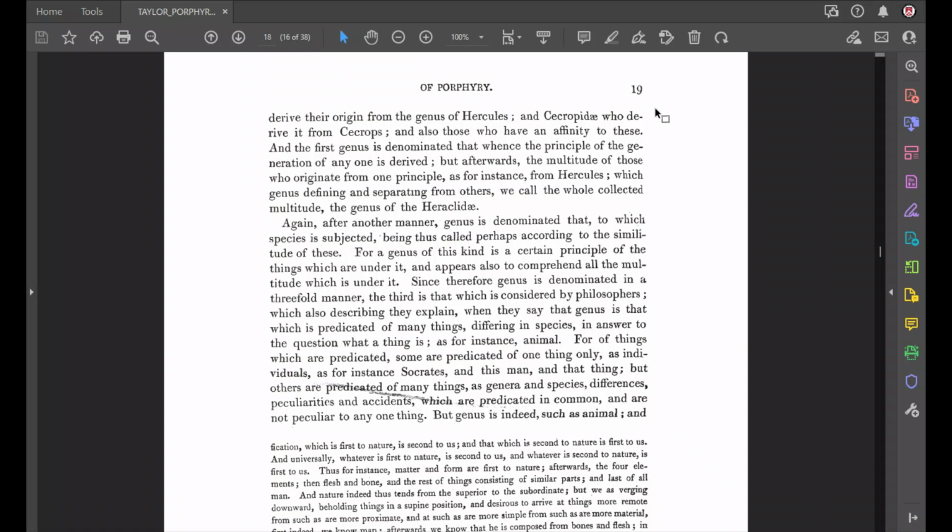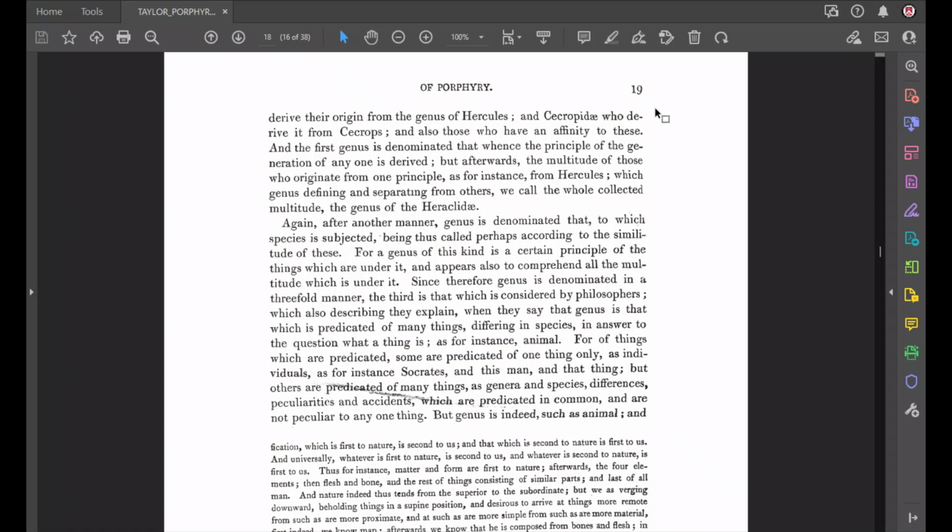Porphyry writes, "Again, after another manner, genus is denominated that to which species is subjected, being thus called according to the similitude of these. A genus of this kind is a certain principle, or starting point, a source. A genus is a certain principle of all of the things which are under it, and it appears to comprehend or contain all of the multitude which is under it.